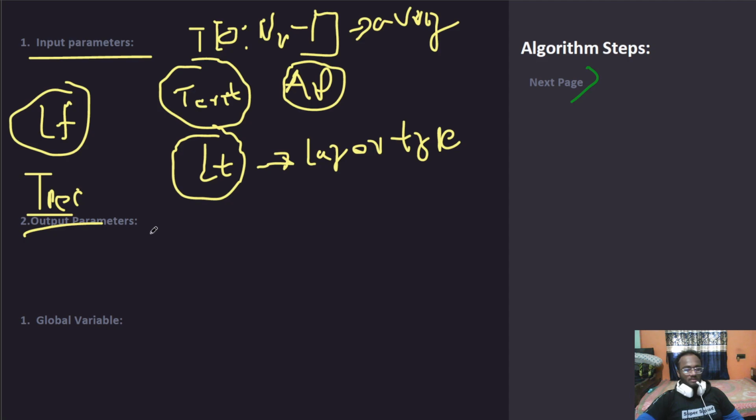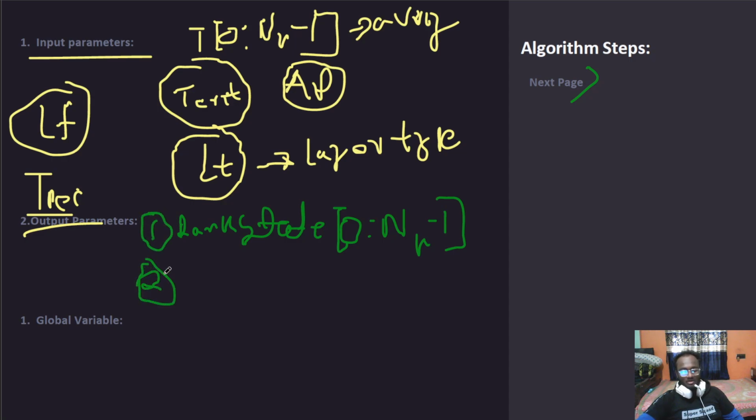First is the rank state, the power state of each memory rank, I mean whether it is active, standby, or in cooling mode. So this is the first output parameter.